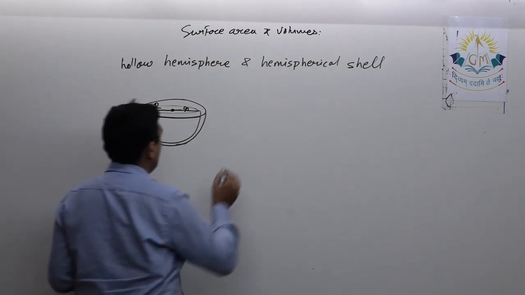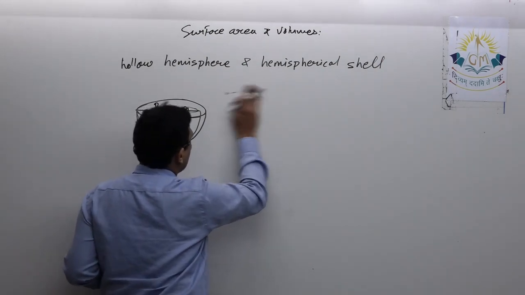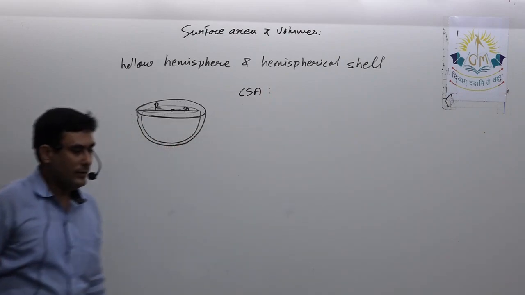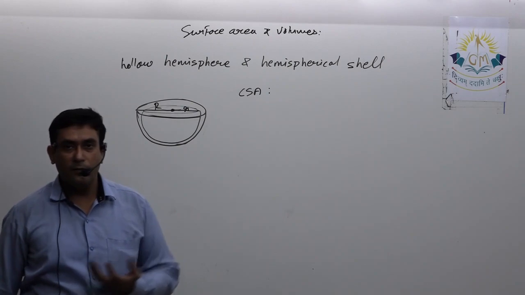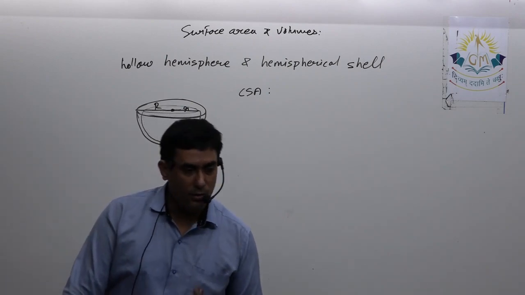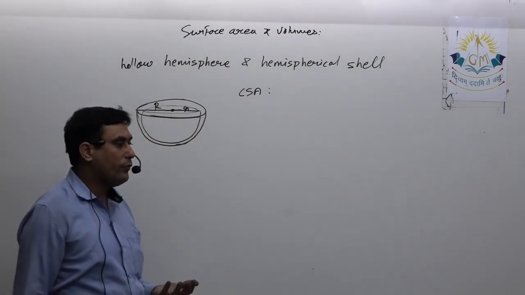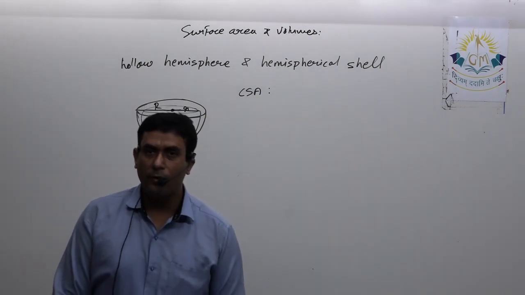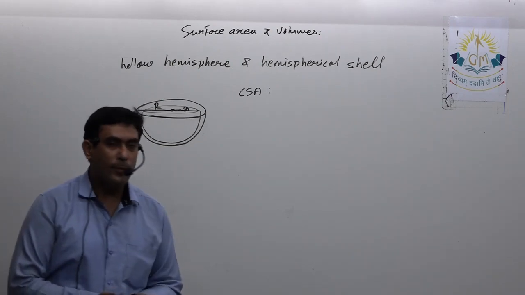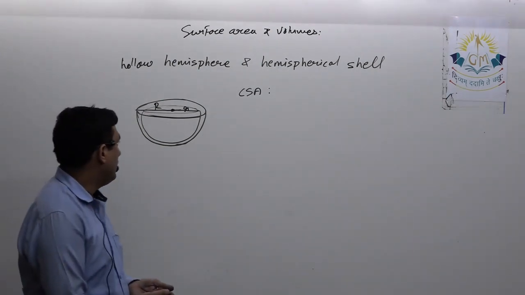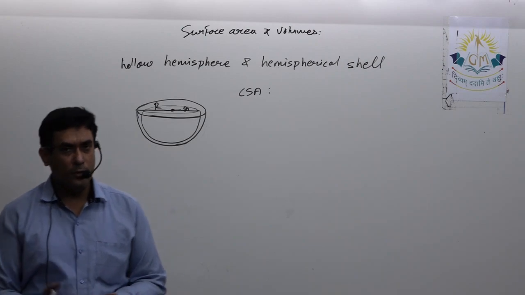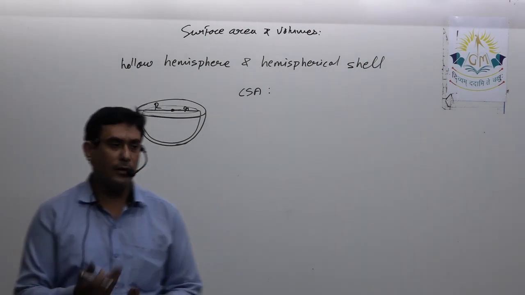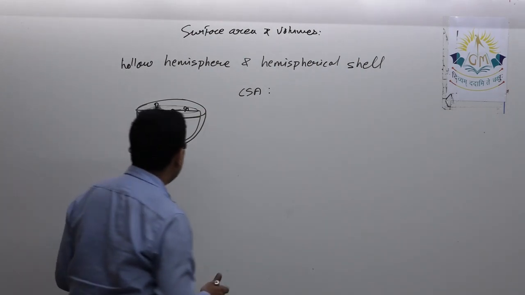Now over here, first of all, we'll see the curved surface area of a hemispherical shell. When I say curved surface area or total surface area, I have to see on which surfaces it is possible to paint or color. If you imagine a hollow hemispherical shell, that is a bowl, it is possible to paint the bowl on both sides, at the exterior side as well as the interior side.